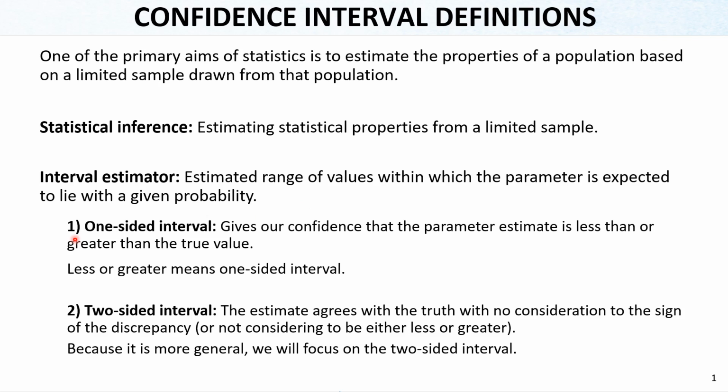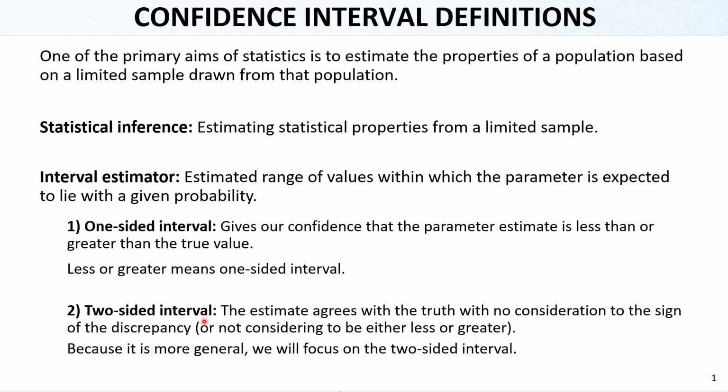And there are two types of this, one-sided interval and two-sided interval. In the one-sided interval, we have the confidence that the parameter estimate is less than or greater than the true value. So it can be either less or greater than a true value. So it will be one-sided because it's either less or greater.